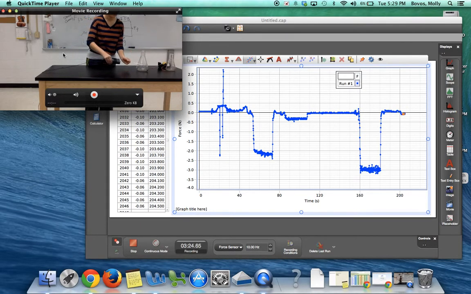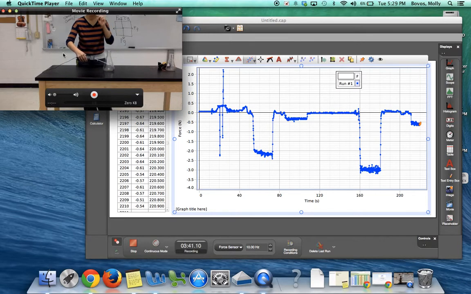Give it a little bit more space. Tare, I think we're good. All right, now I'm going to start applying this force. Is it a bigger force? Looks to me like it is. But it's still relatively very small compared to the weight of the flask.